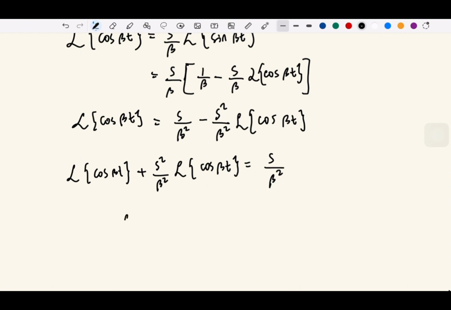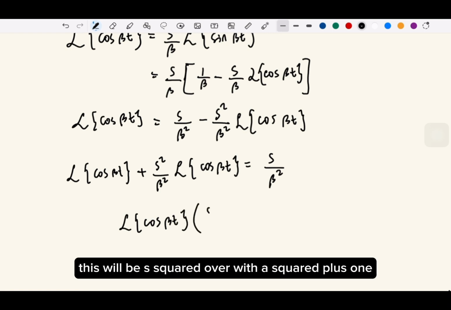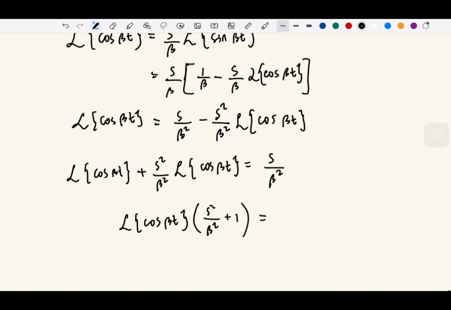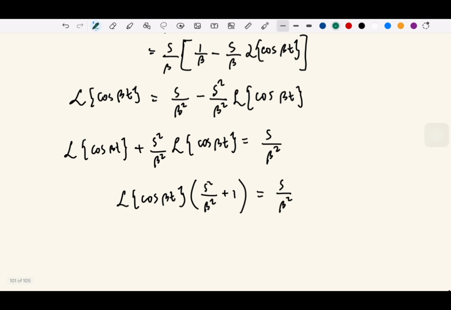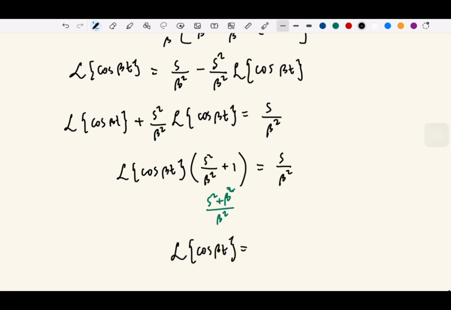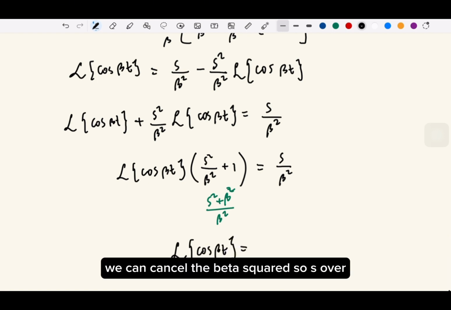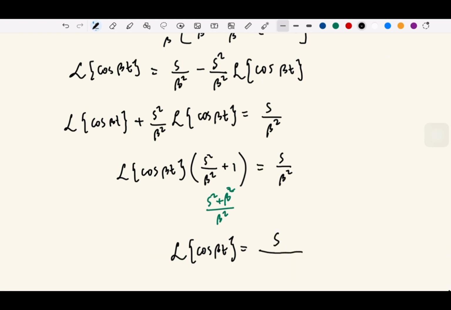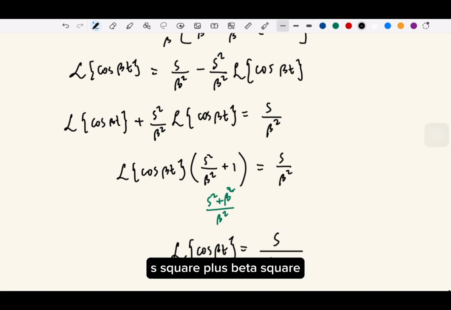So this will be s squared over beta squared plus 1, we can write like that. So Laplace of cosine beta t, we can cancel the beta squared, is s over s squared plus beta squared.